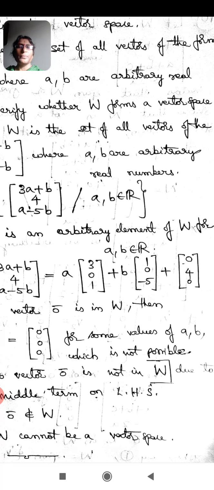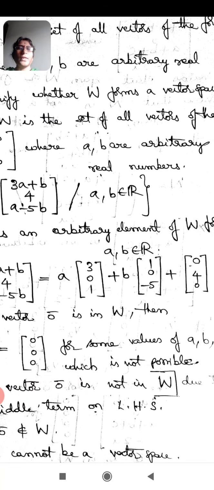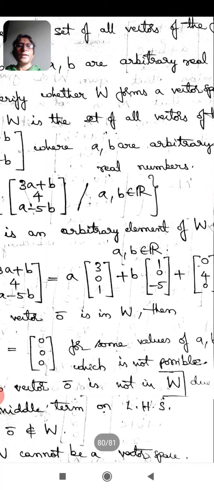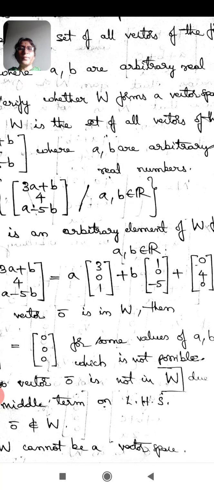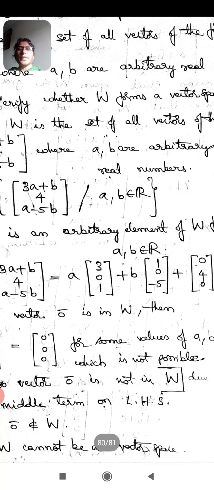How can it be possible? Where did we get this column vector from? When we didn't take any scalar common, how did we get this 0 4 0 column vector on the right hand side at the end? This is justified like this. On the left hand side, in the column vector 3a plus b, 4a minus 5b, we can observe that the middle element 4 is neither a multiple of a nor a multiple of b.